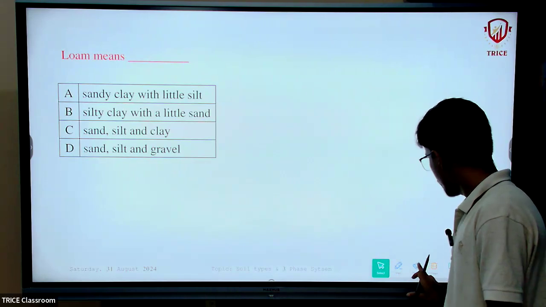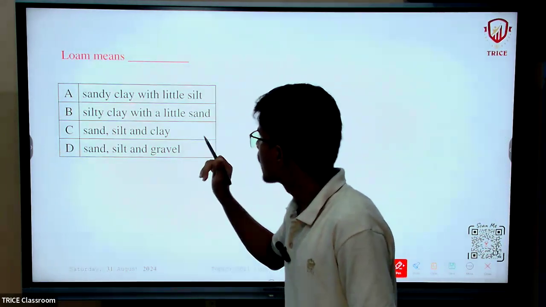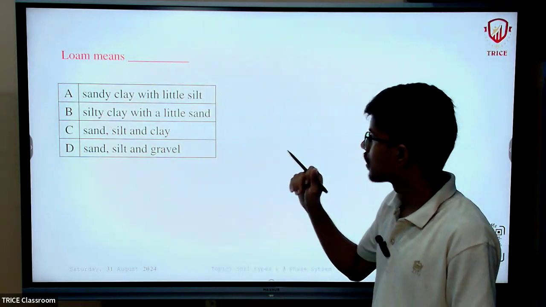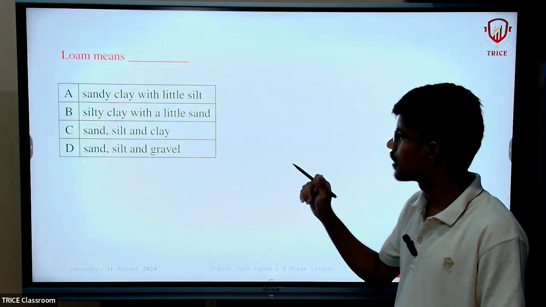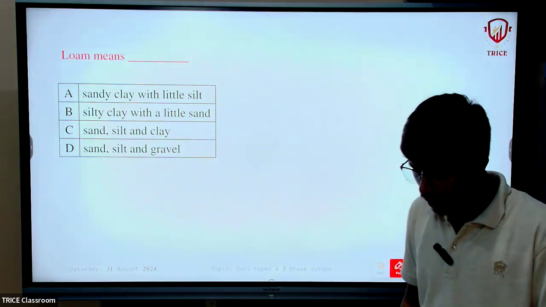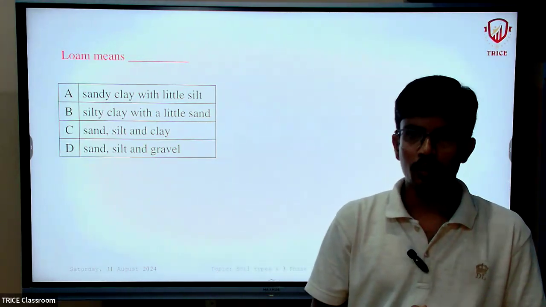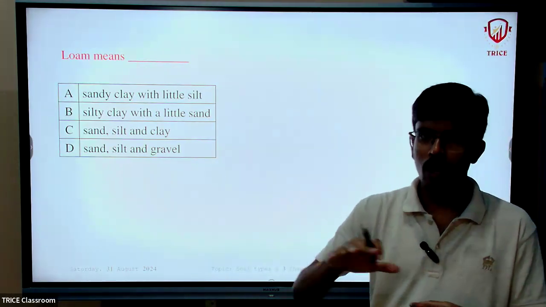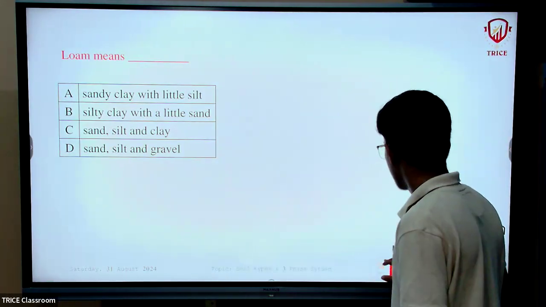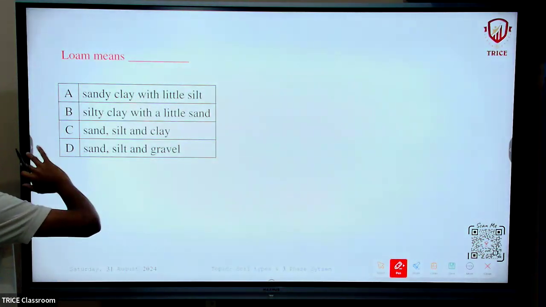Next, as we know, loam is a sandy clay with little silt, or sand, silt, clay and gravel. When you say loam soils, we have all the proportions, a combination of all of them.